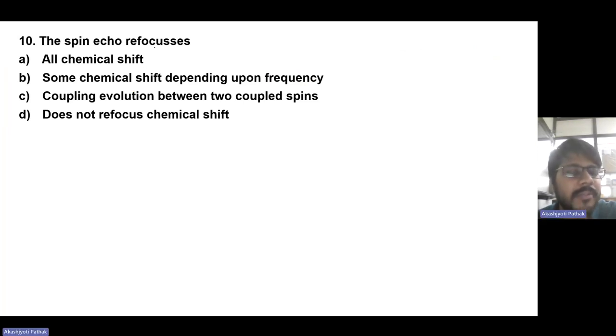The spin echo refocuses all chemical shift, or some chemical shift depending upon frequency, while coupling evolution between two coupled spins does not refocus. So try out this question.